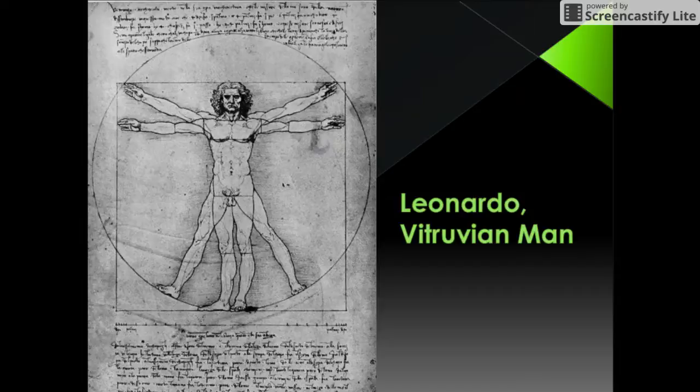So starting with proportion, and again, you've seen Leonardo's Vitruvian Man before talking about symmetrical balance. Now, how does this relate to proportion? Proportion relates to size, but it relates to size in relationship to how the components of an object fit together logically size-wise. So looking at this image, you'll notice the arms, let's say.